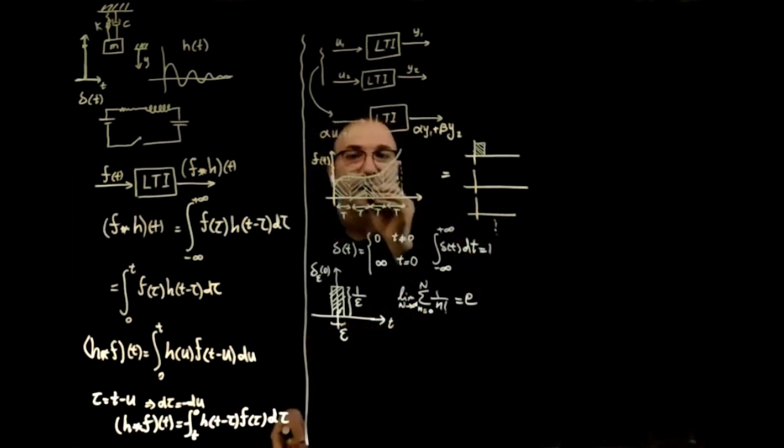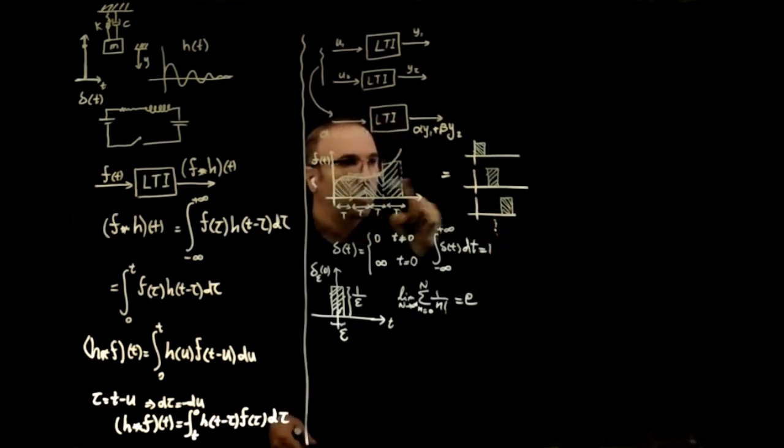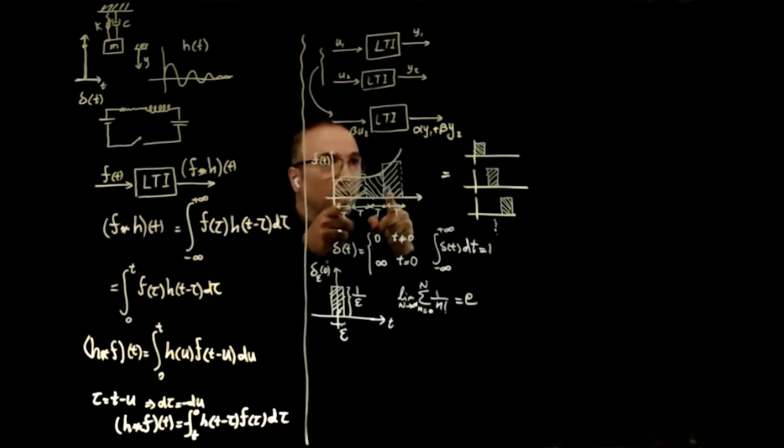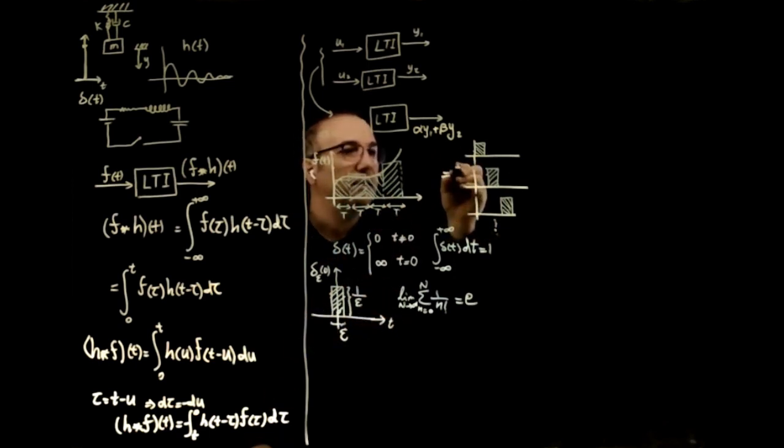So this one, then the next one would be a little bit higher, starting later. Then the next one a little bit lower, starting later again. And the next one and the next one. So instead of having this one, we would have a bunch of pulses added together.